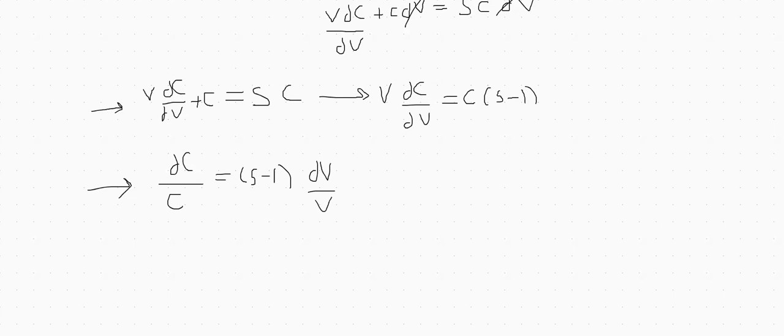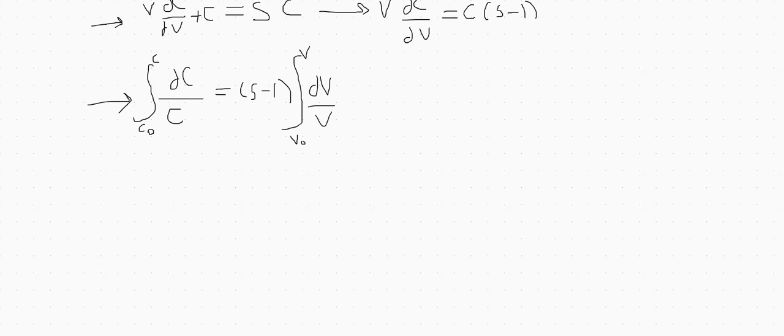Now we can integrate both sides. This will be from C naught, the initial concentration, to C, and then this will be from the initial volume, V naught, to the final one, V. So the integral of 1 over C is going to be natural log C. If you evaluate it at the bounds, we're going to have natural log of C over C naught.